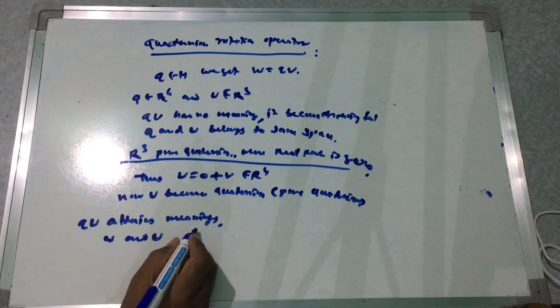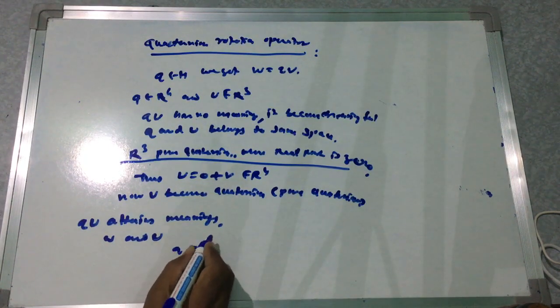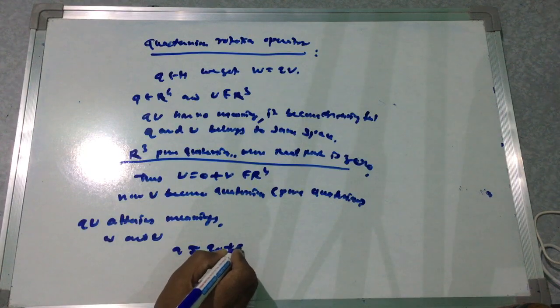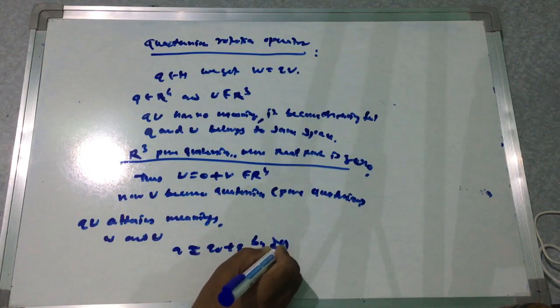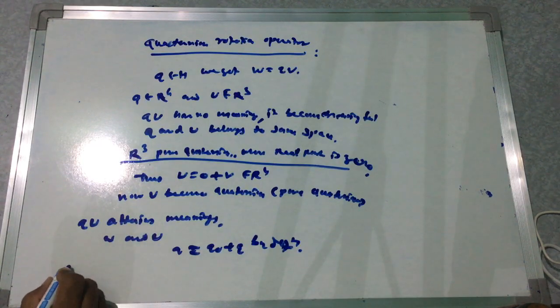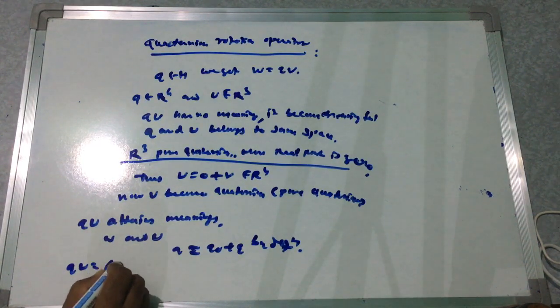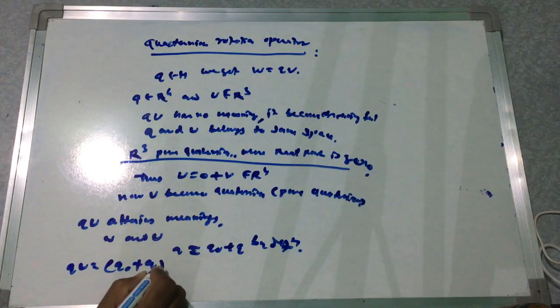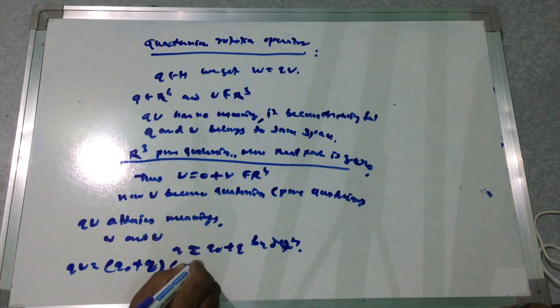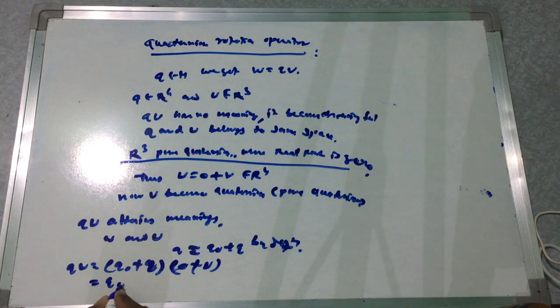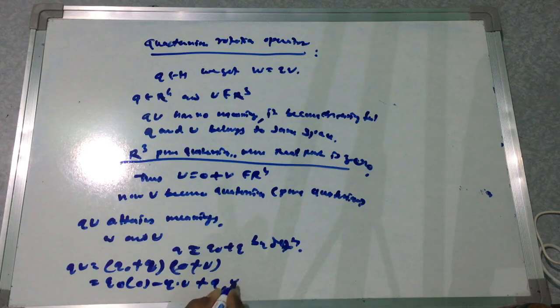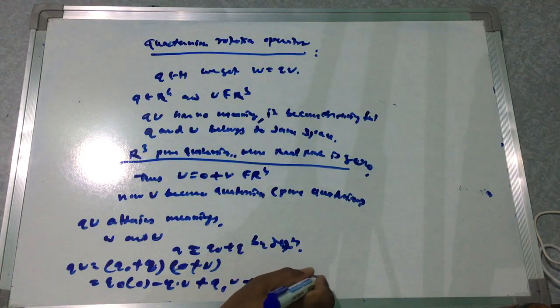Let us see, q is equal to q0 plus q by definition, and qv is equal to (q0 plus q) into (0 plus v), that is equal to q0 into 0 minus q dot v plus q0 into v plus 0 into q plus q cross v.